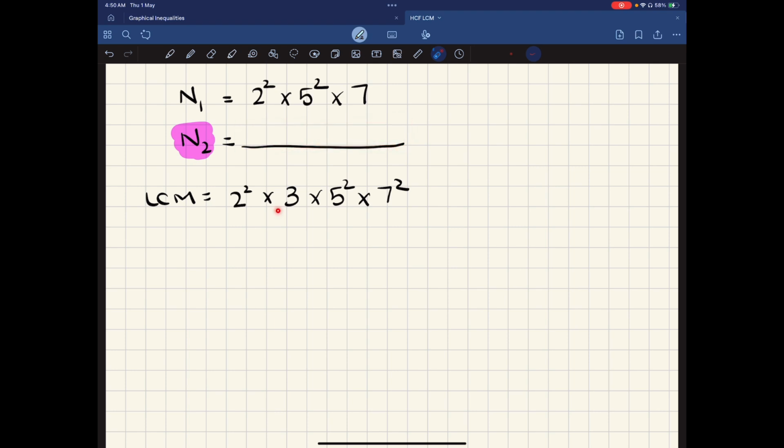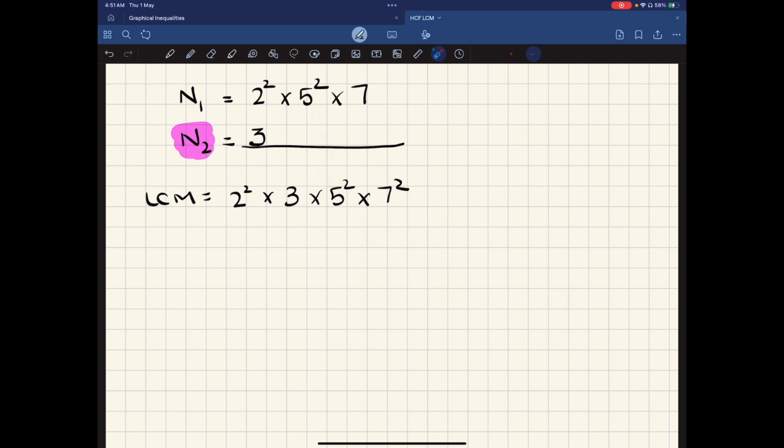Let's move on to the next factor, 3. We don't have a 3, but the 3 exists in the LCM, so we will have to add it here. On to the next factor, 5 square. We have a 5 square in the factors of the first number, so we are going to assume that it's coming from the first number.